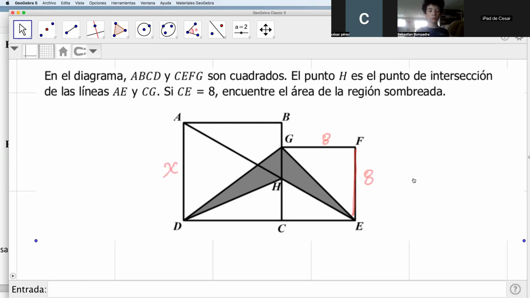This will be x, this will be x, this will be x, this will be 8. BG, BG is 8 minus x. No, x minus 8. Okay.